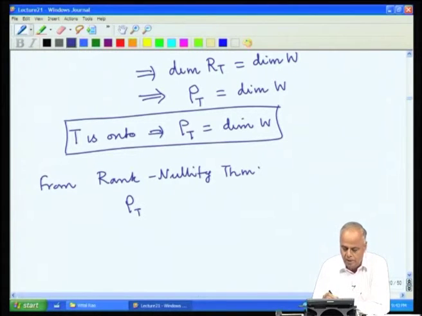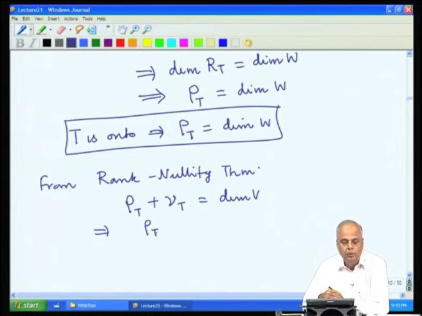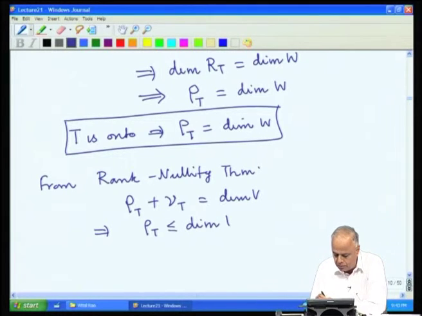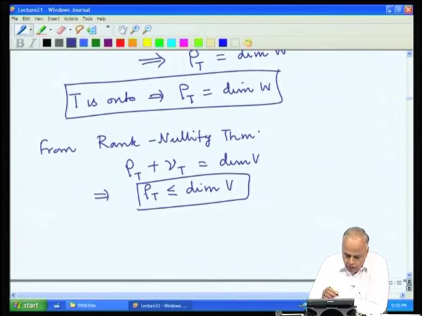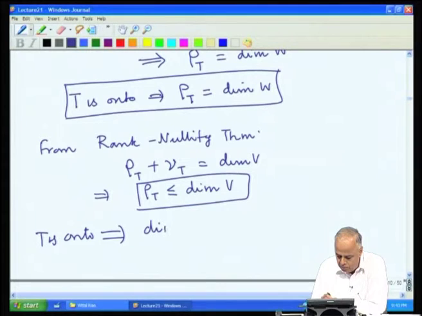The rank of T plus the nullity of T is the dimension of V, and therefore, the rank of T, if we add something non-negative, namely nullity T, to it, we get dimension of V. Therefore, the rank of T must be less than or equal to the dimension of V, because the dimension of V is rank of T plus something which is non-negative, and hence comparing this statement with this statement, we see that T is onto implies the dimension of W must be less than or equal to dimension of V.